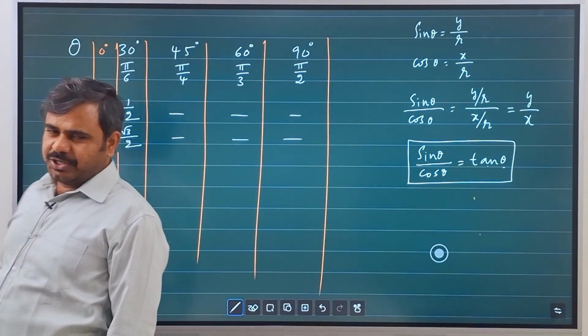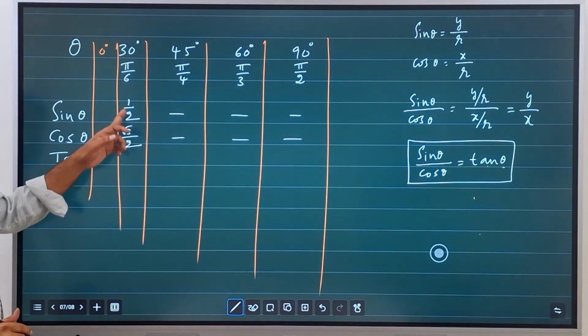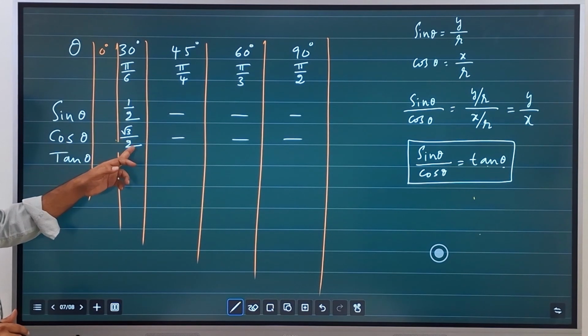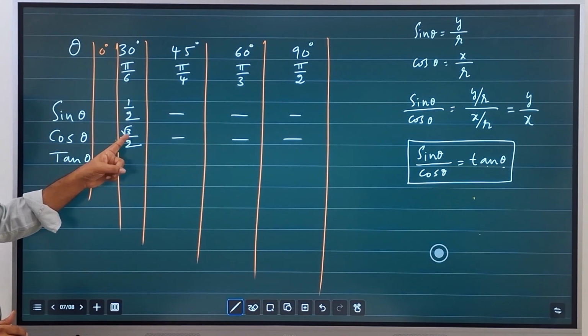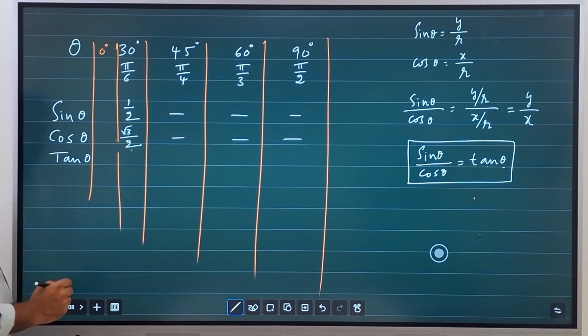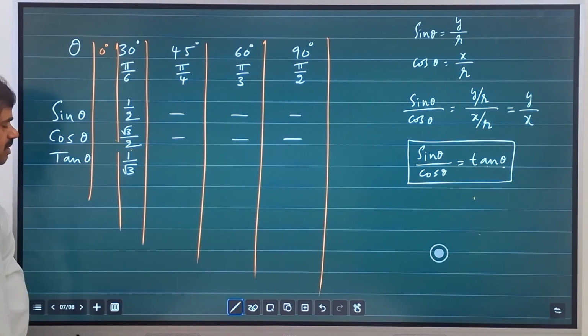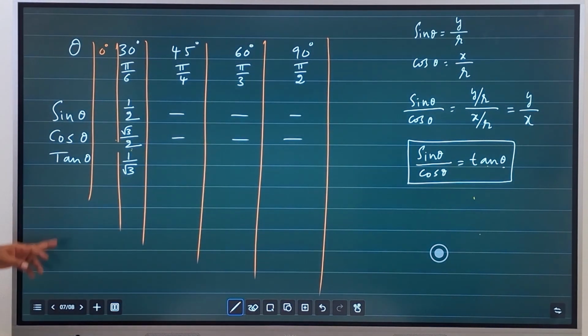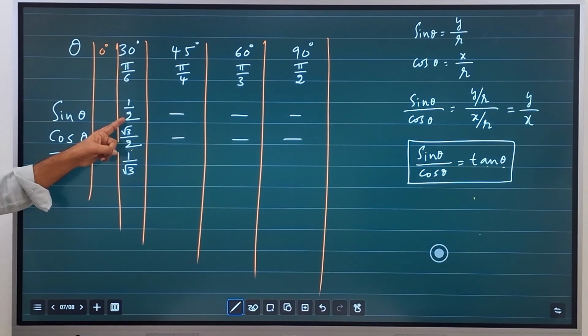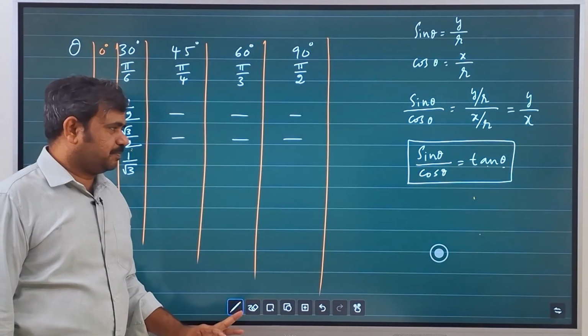When you find the ratio of these two, sin theta divided by cos theta, in the numerator you will get 1 by 2, in the denominator you will get root 3 by 2. So simplify this, you will get 1 by root 3. The 2 gets cancelled. So tan 30 degrees is equal to 1 by root 3.